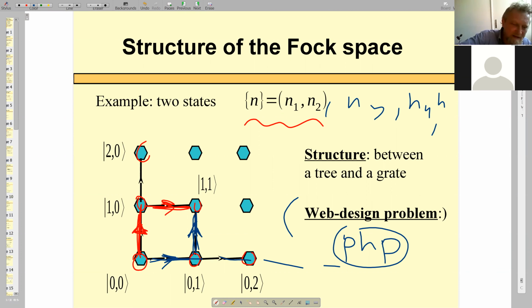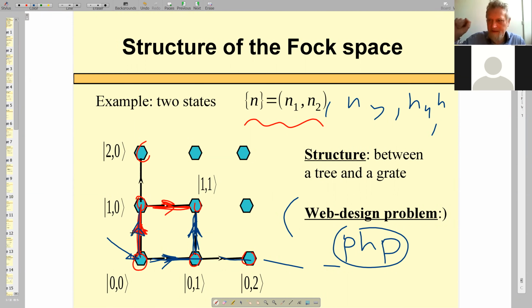Someone would make, for instance, a web page of vacuum state, put some links like increasing this level, creating an operator in the level, creation operator in level 1, creation operator in level 2, and the possibility to choose any level.